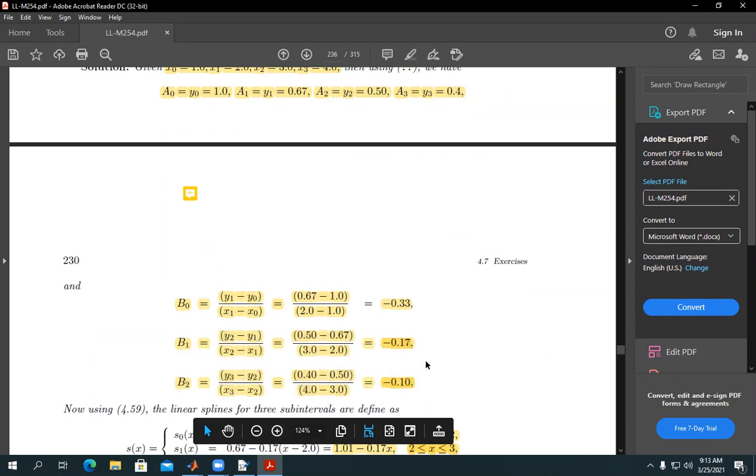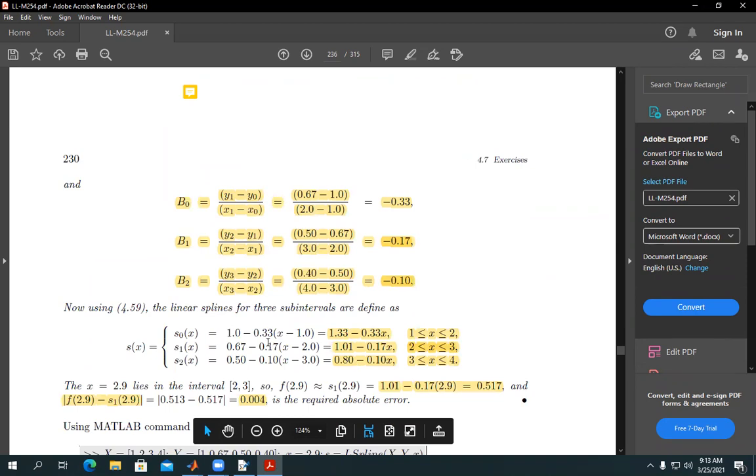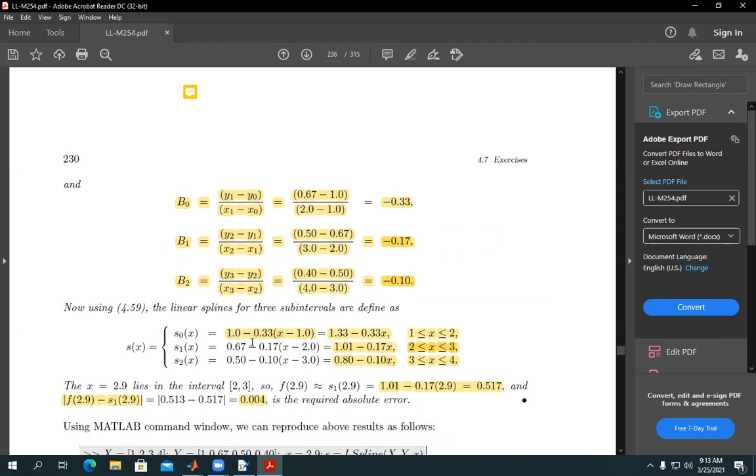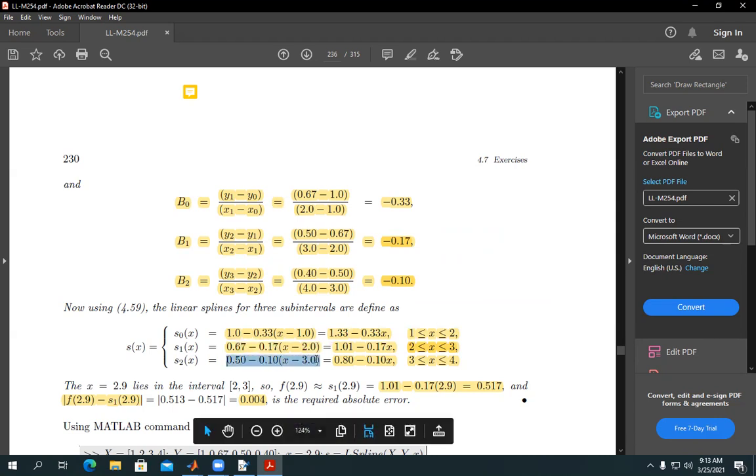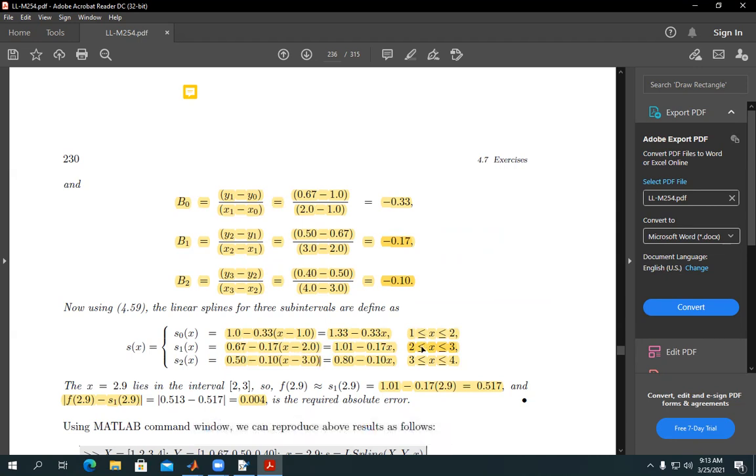So you get the new shape of the linear Newton polynomial after putting in the values. This one we call the first linear subline. Here this is a1, this is b1, and you have the second subline and the third subline. So we have 3 intervals, and you have 3 sublines: first interval from 1 to 2, second from 2 to 3, and third from 3 to 4.